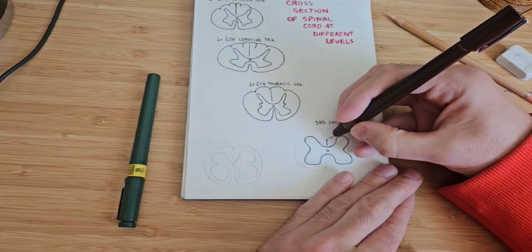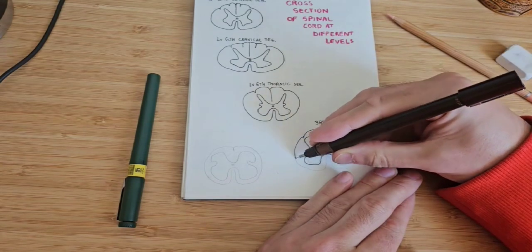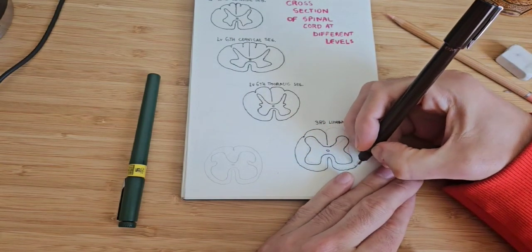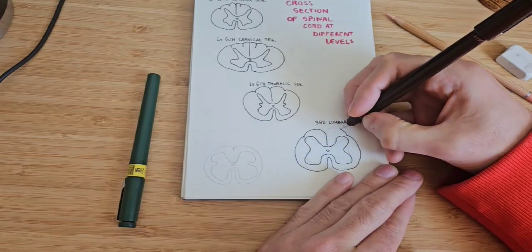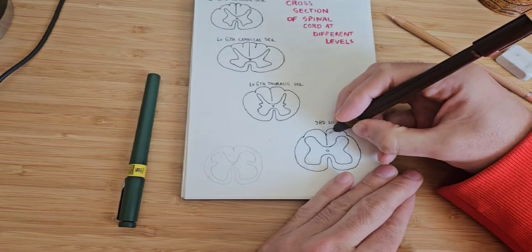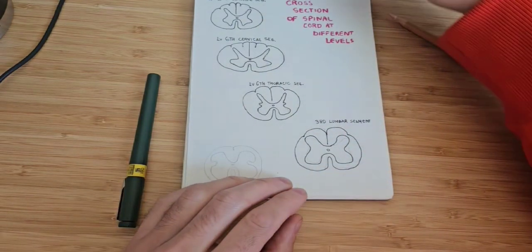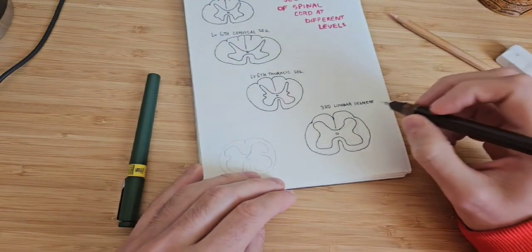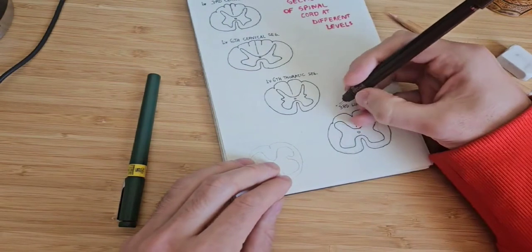And the white matter will be reduced in size. Okay? And then we have the third lumbar segment.